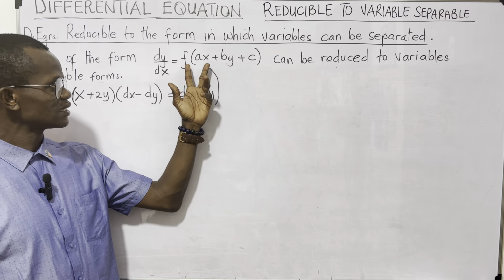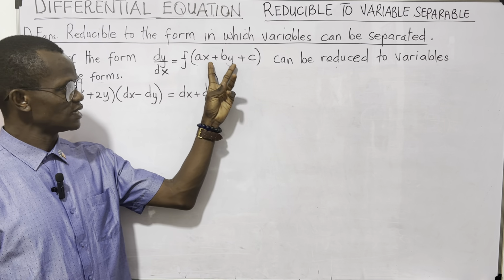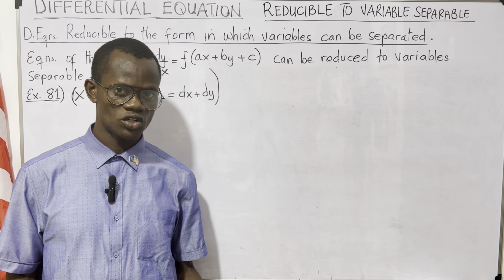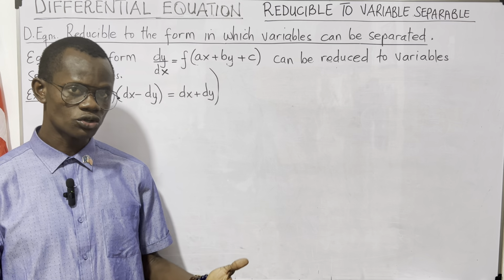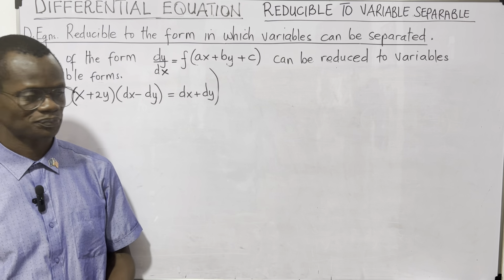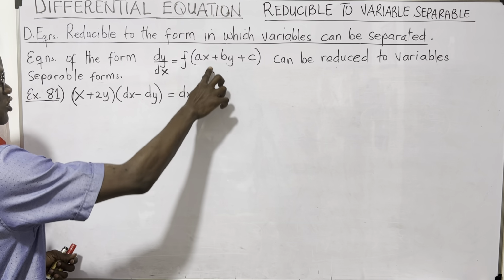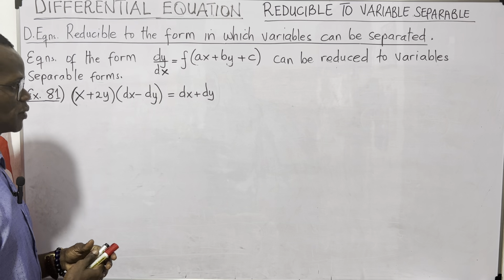And when we replace dy by dx and this expression, we can now have a differential equation that has been reduced to a variable separable form. So we want to solve an additional problem under this topic.